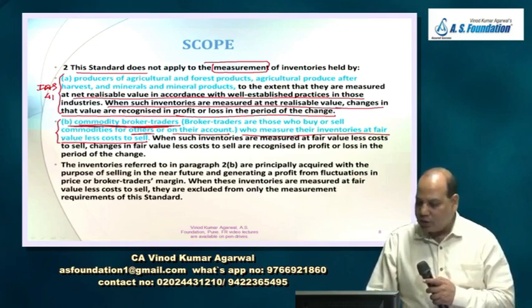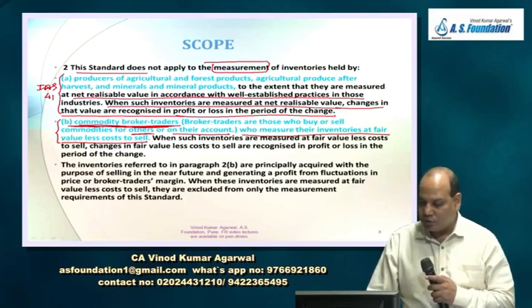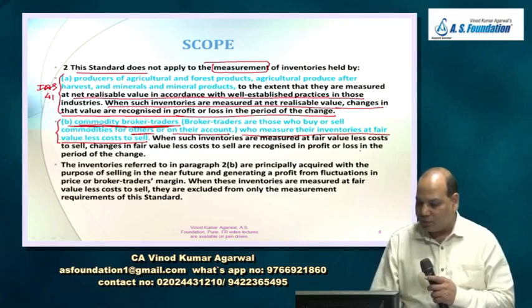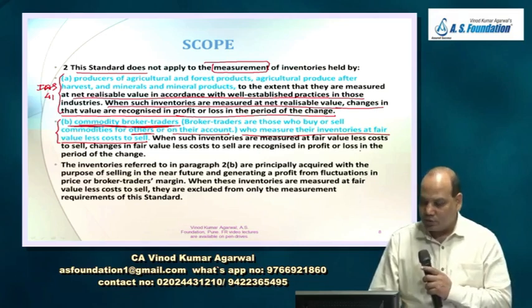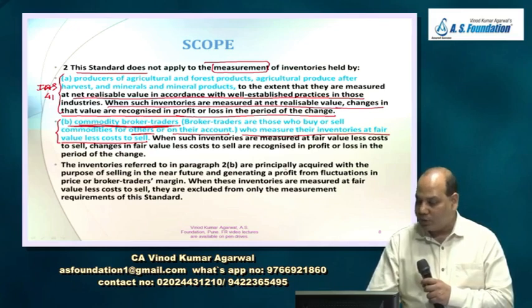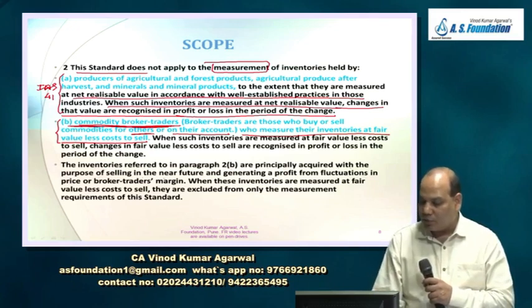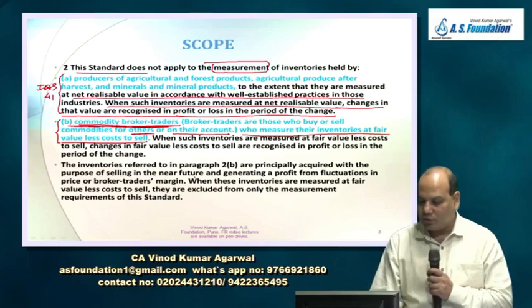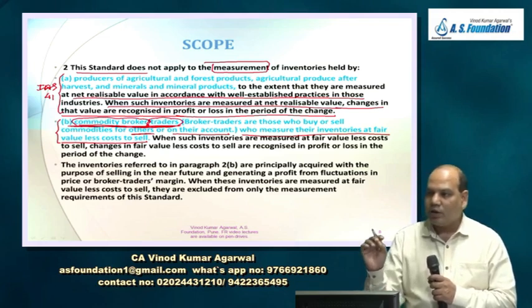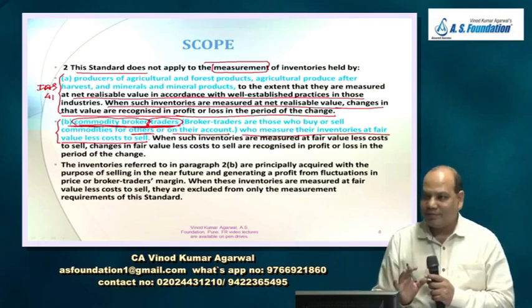When such inventories are measured at fair value less cost to sell, the change in fair value less cost to sell will be recognized in profit or loss in the period of change. I have written some more information about point number B. Inventories referred to in paragraph 2B are principally acquired with the purpose of selling in the near future. Normally what these commodity brokers or traders do, they are interested in making quick profits.